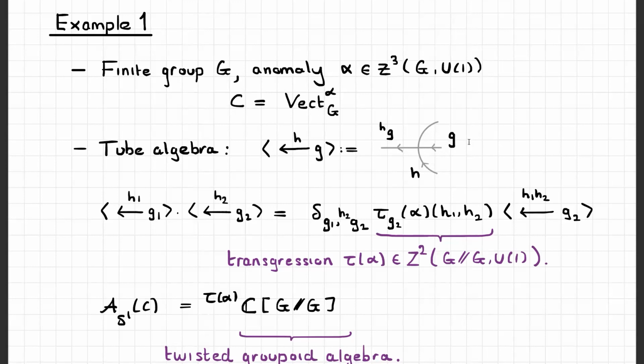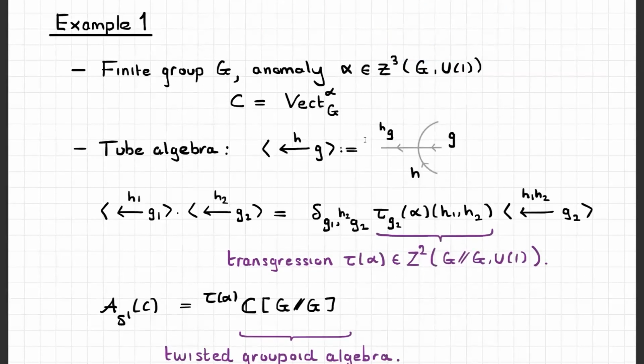And if you have a G-twisted sector, you act on it with another group element H, it will transform it to another twisted sector given by the adjoint action of H on G, or conjugation by H. So it's just conjugating the twisted sectors by the relevant group element.